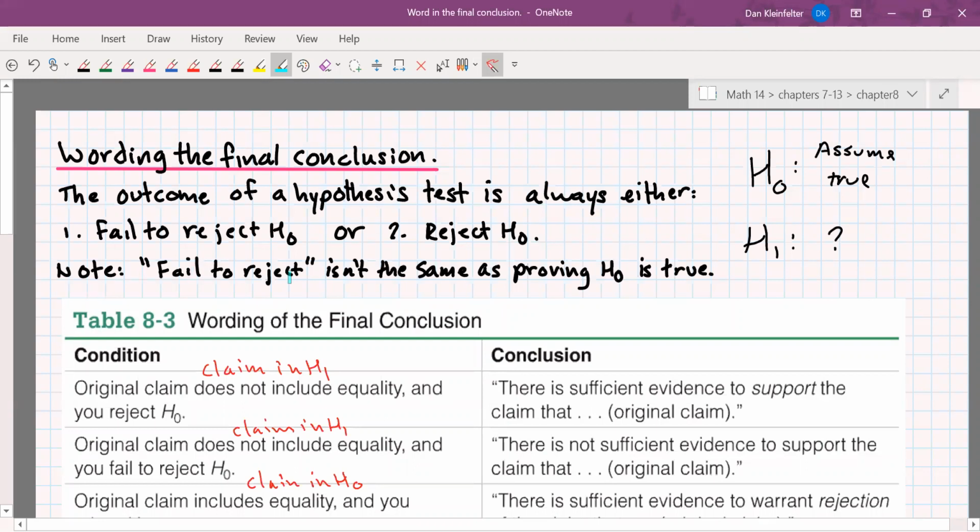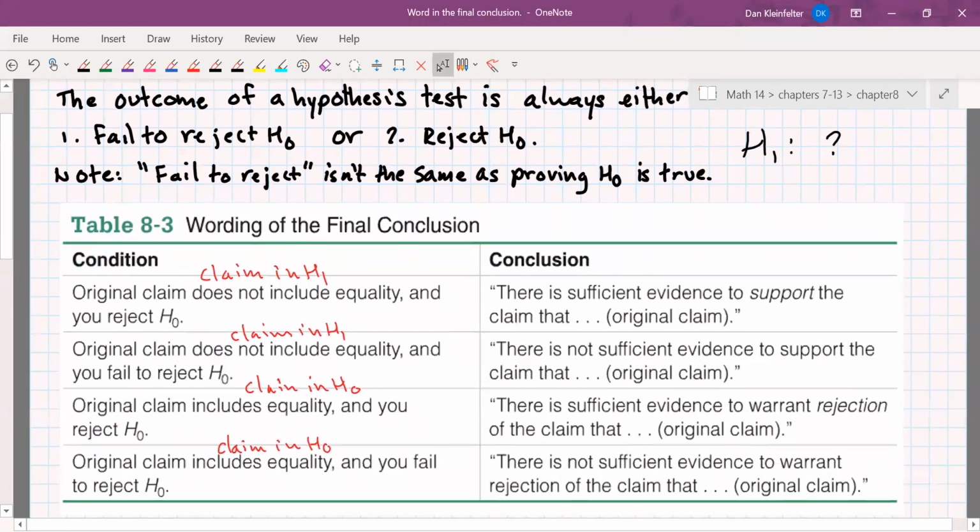Note that failing to reject the null hypothesis is not the same as proving the null hypothesis is true. We're never going to prove the null hypothesis is true. We always assume the null hypothesis is true, and our sample data may either support the alternative, or it won't support the alternative, but it will never support the null hypothesis.